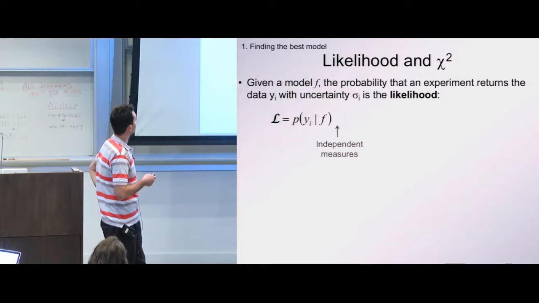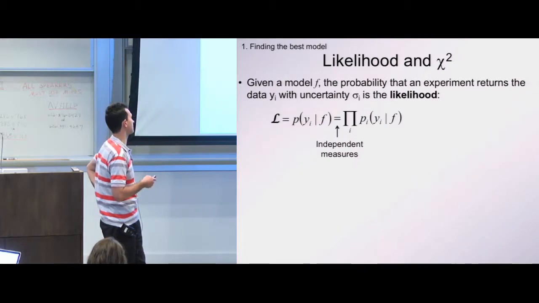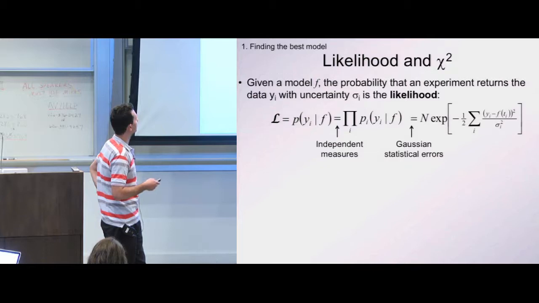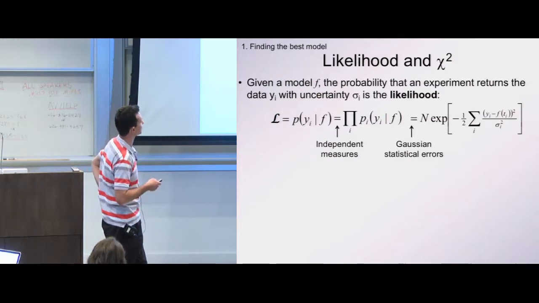So if the measures are all independent, you can write this probability as the product of the probability of getting every individual data from the model. And then if you have Gaussian statistical errors, all this probability will be Gaussian functions, and then this product enters the exponential as a sum.